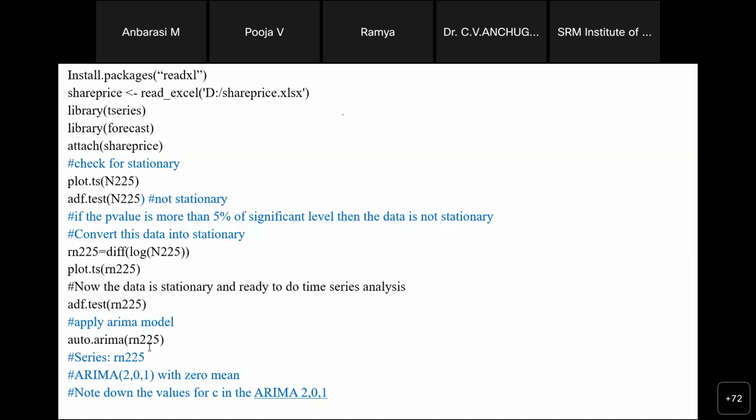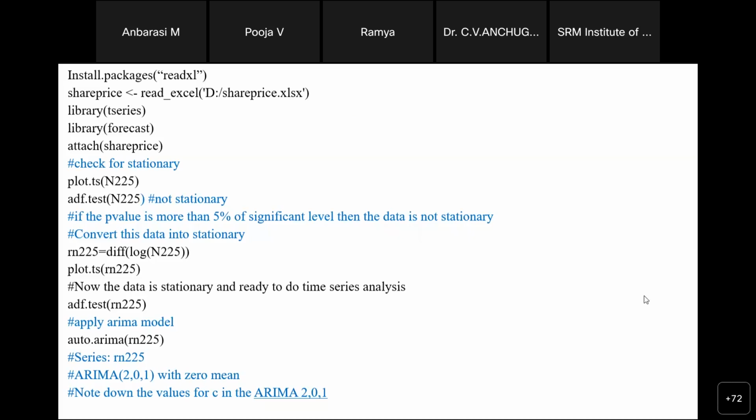Once you execute it and draw the plot, for the entire series you observe that the mean and variance are equal. For the entire series, it won't change.